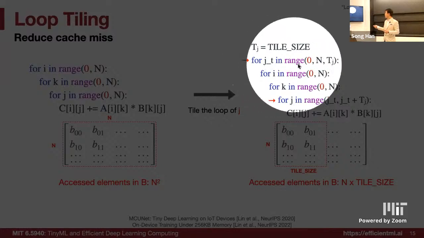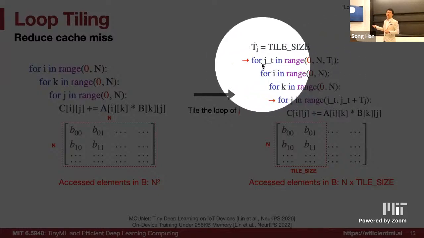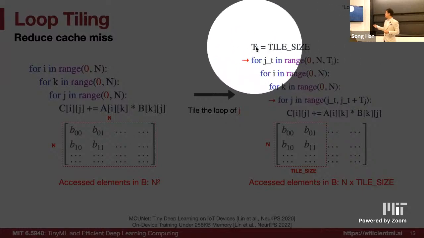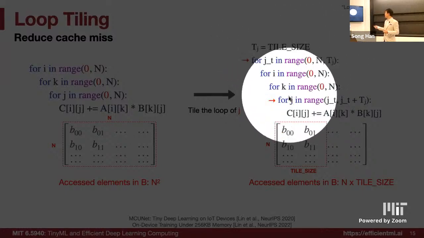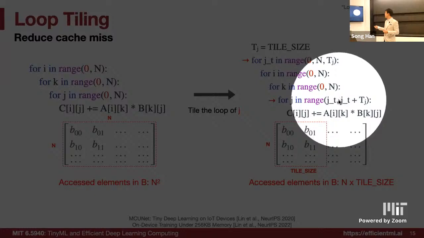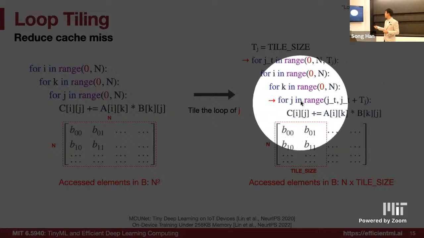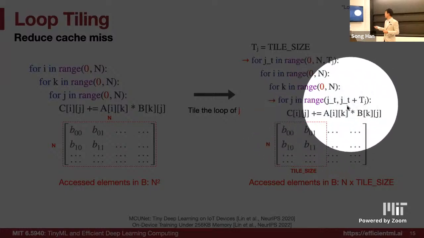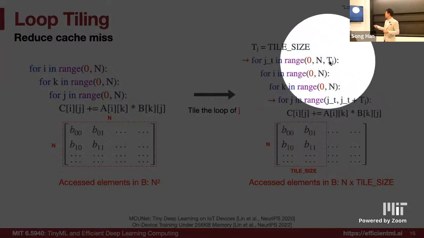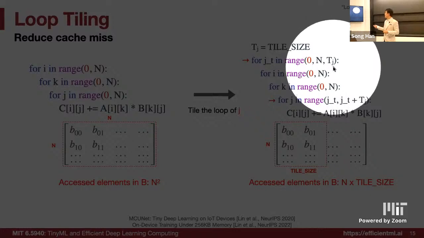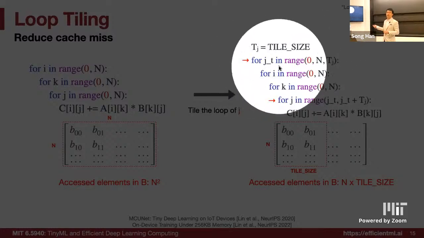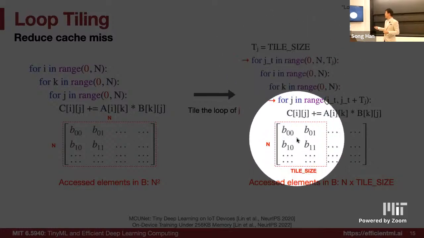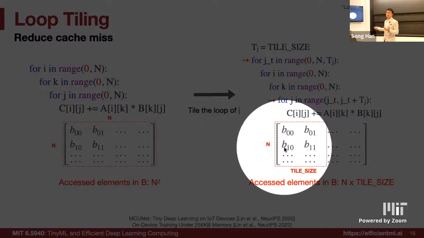We added one more for loop in the outer dimension, where Tj is equal to the tile size. We also changed the range for J so that it only covers the range of the tile size. And then here we skip every tile size for each iteration. So by adding a 4th for loop, we can tile the B matrix such that the memory footprint gets smaller.